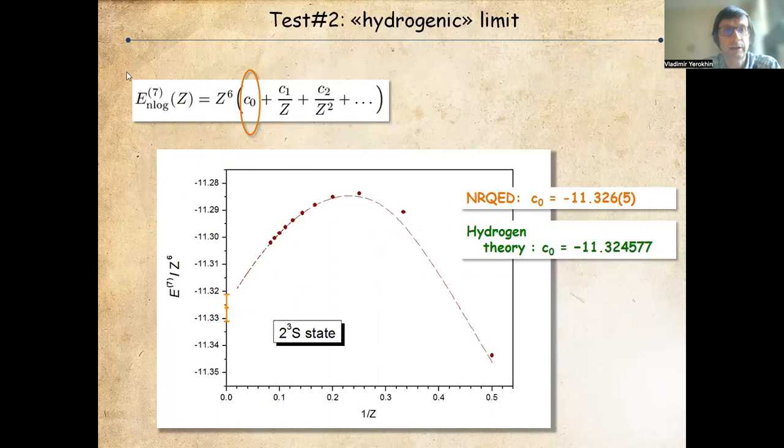So this is our calculated M alpha 7 correction as a function of Z. So we cross-check this leading coefficient of 1 over Z expansion against hydrogen theory.